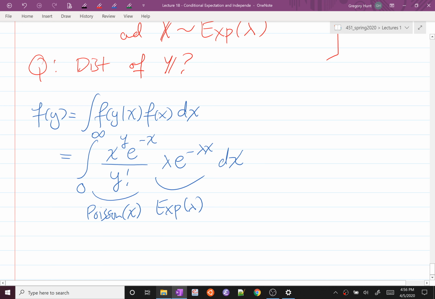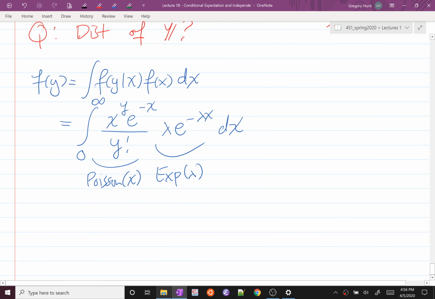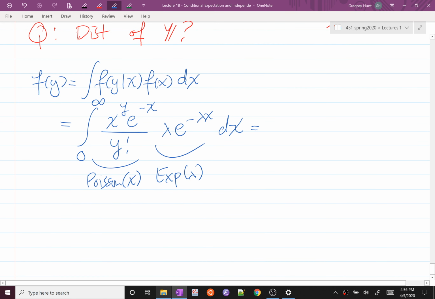So now we just have an integral to solve with respect to x. Anything that doesn't depend on x can just come out, right? The y factorial doesn't depend on x, and the lambda doesn't depend on x.